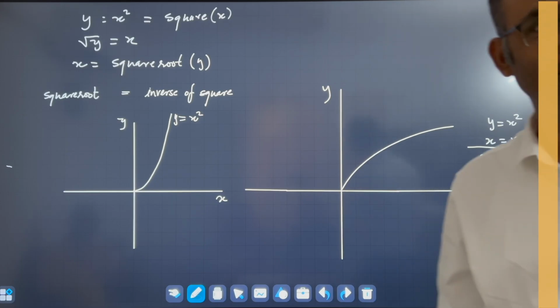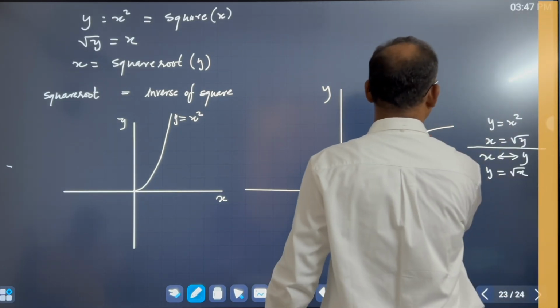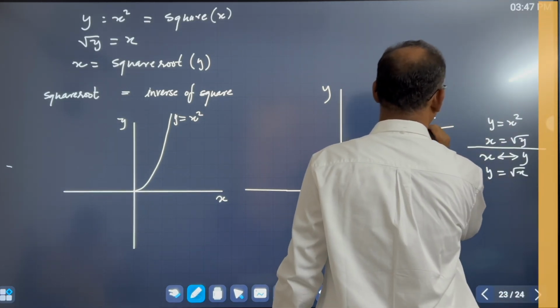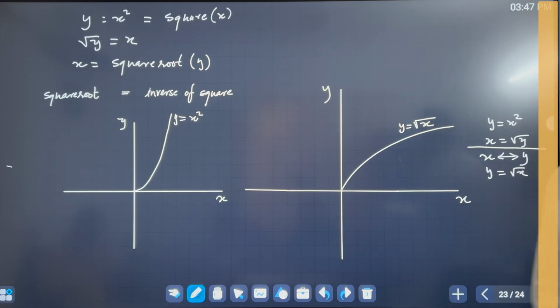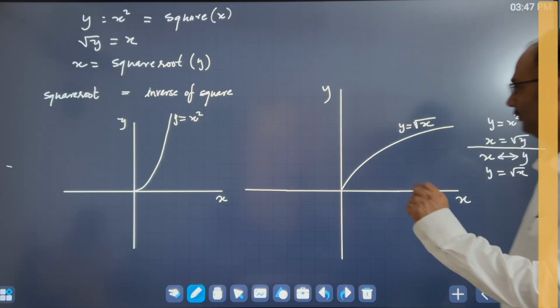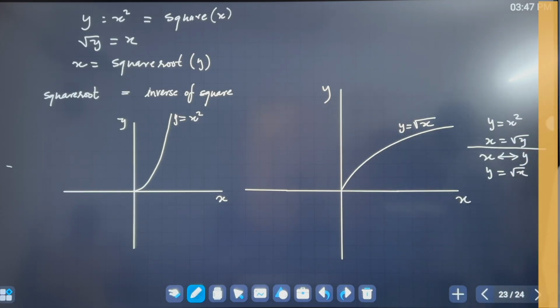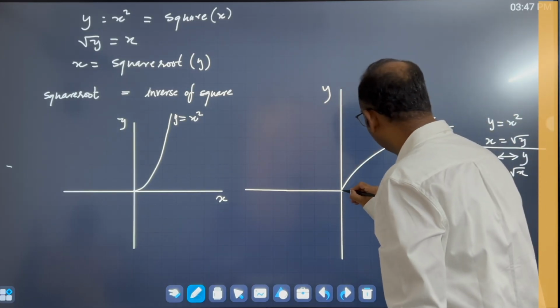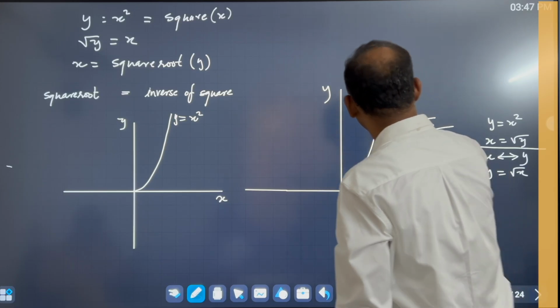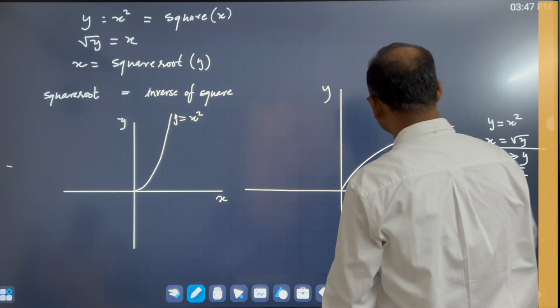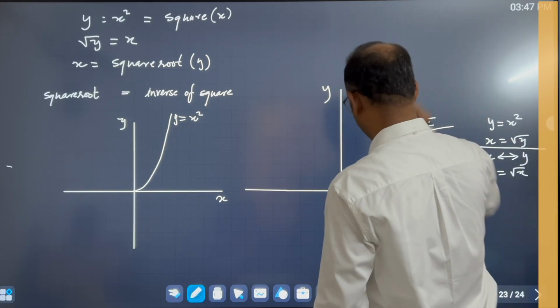It's the same shape. Agreed? Okay. If you agree to that, let's put y equal to x square also on this.